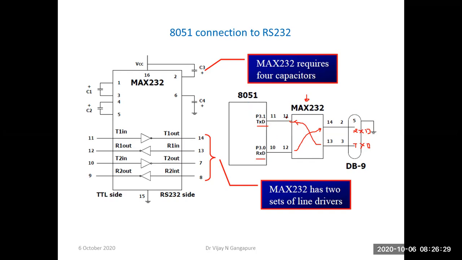In this way MAX232 is used to convert logic levels from 8051, that is TTL logic levels, to RS232, and RS232 logic levels to TTL, so that we can have interfacing between the serial port of 8051 and the RS232 port of a PC or any other data terminal equipment.